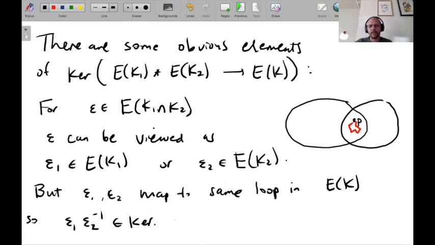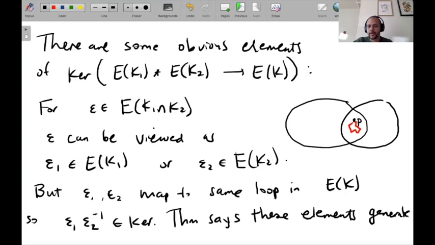Okay, and then the theorem says that these elements generate the kernel as a normal subgroup.